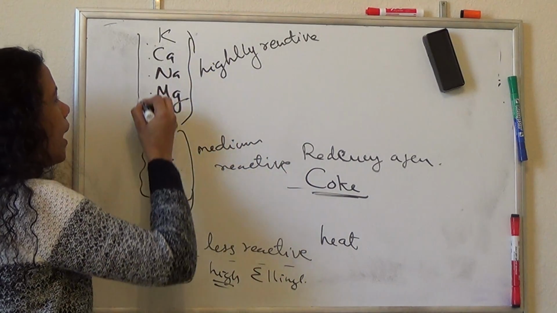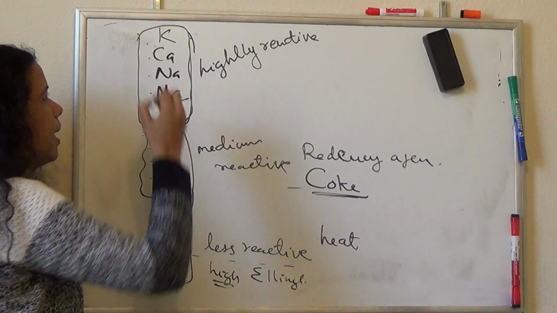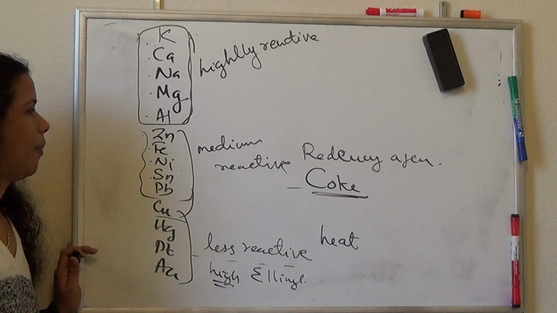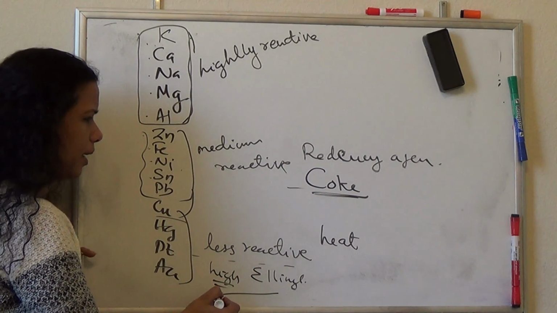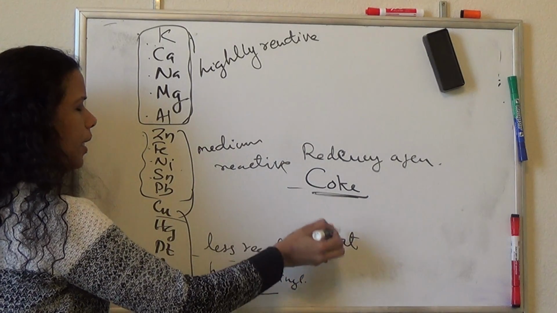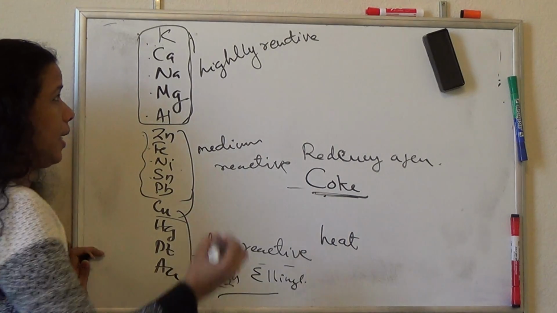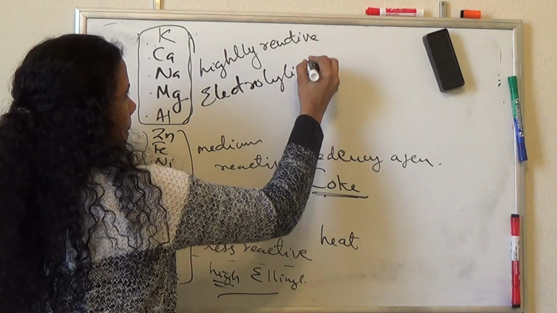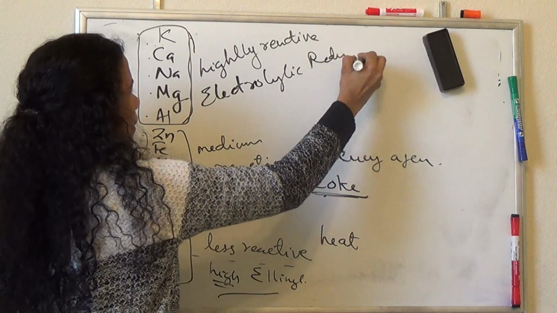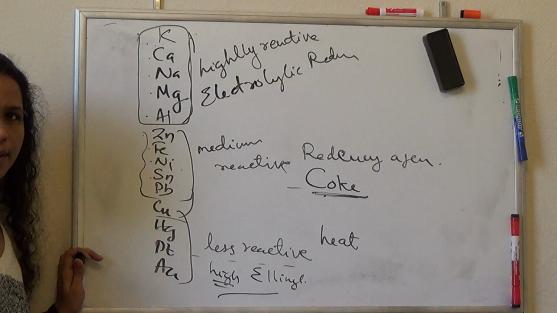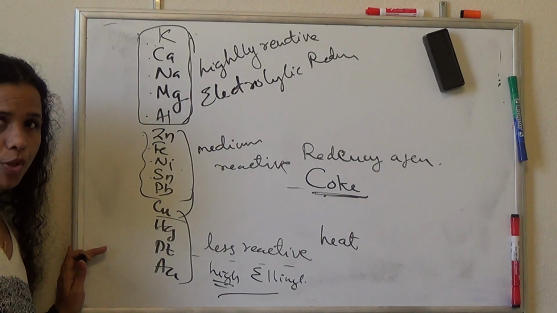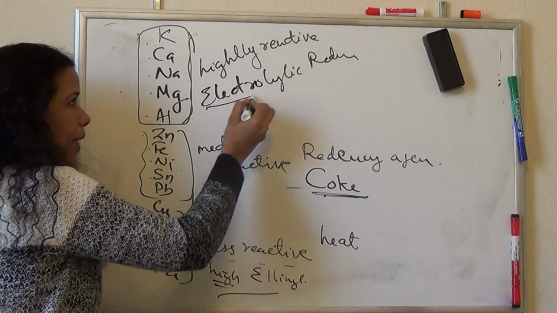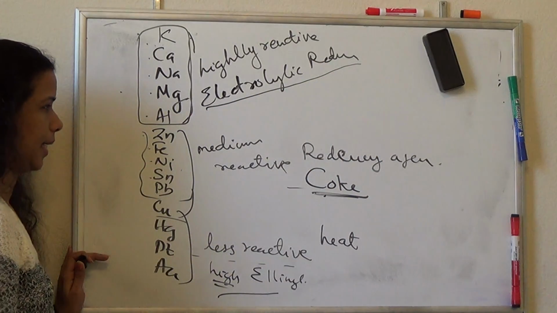Then these highly reactive metals like potassium, calcium, sodium, magnesium, aluminium, we cannot reduce using heat, or using heat and reducing agent. In this case, we will use electrolytic reduction. So this is an easy way to remember the methods which we adopt for reduction. Highly reactive metals will be reduced by electrolytic reduction.